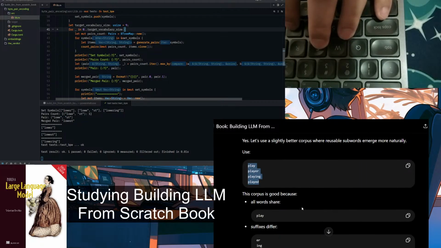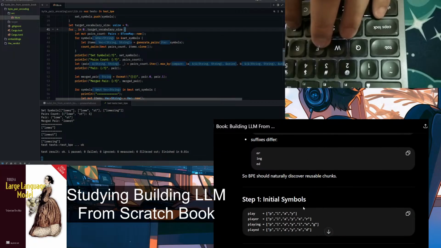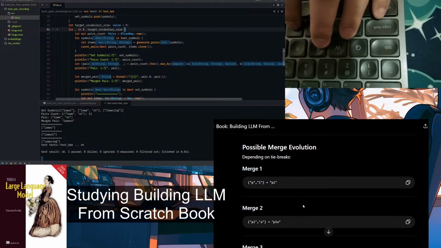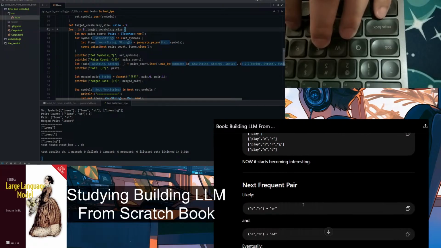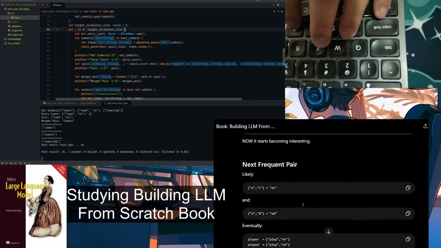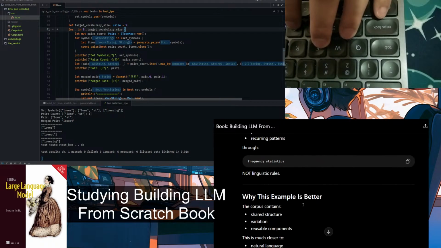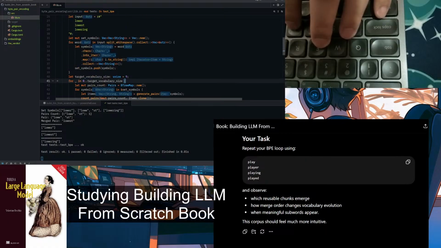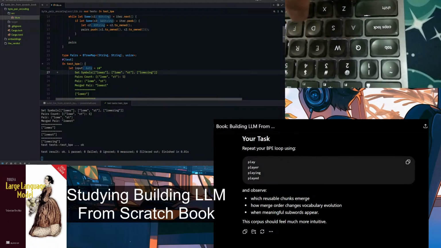All words have player share suffix. Possible merge revolution. Knock or postman. Now it starts the next pair. Okay, let's try this.